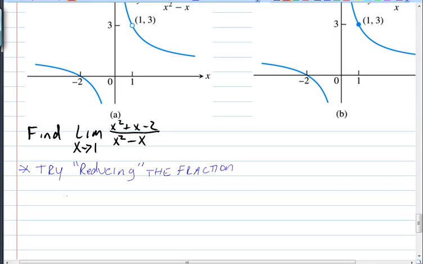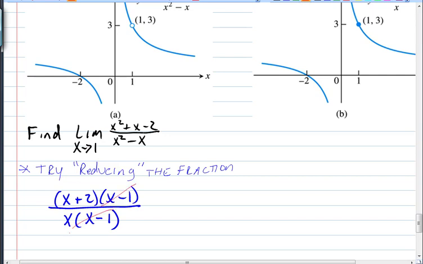All right, that numerator factors into x plus 2 times x minus 1 over, and out of the denominator I have a common factor of x times x minus 1. Right? Anything going to cancel?